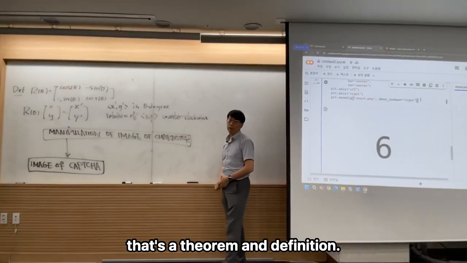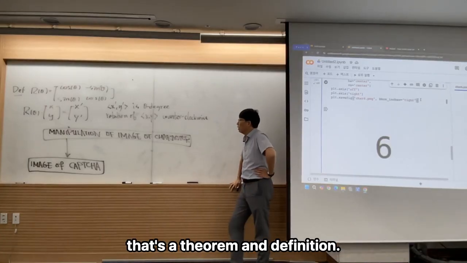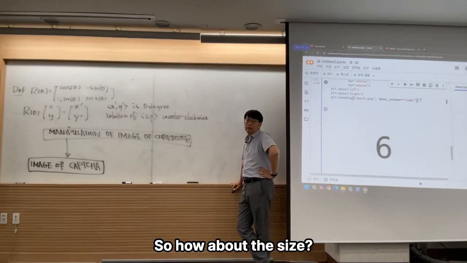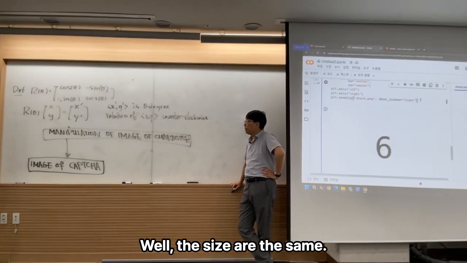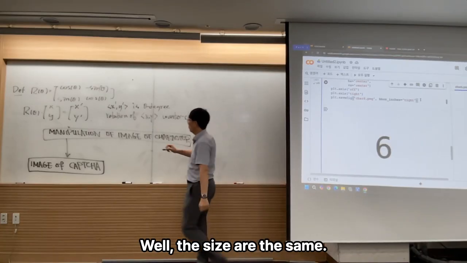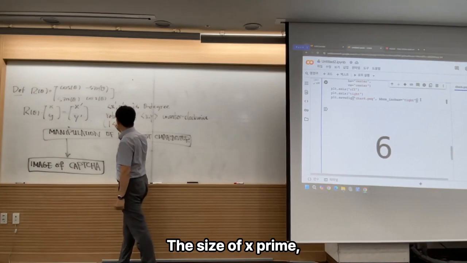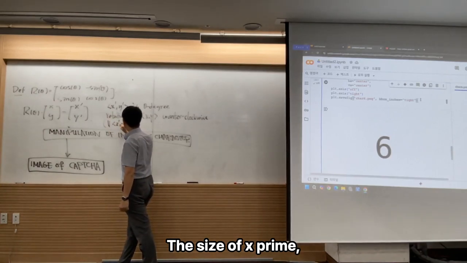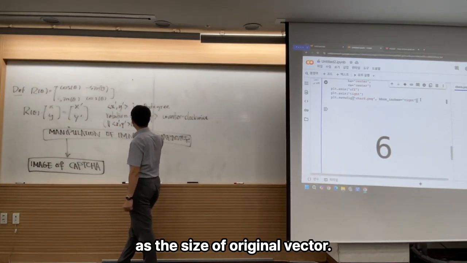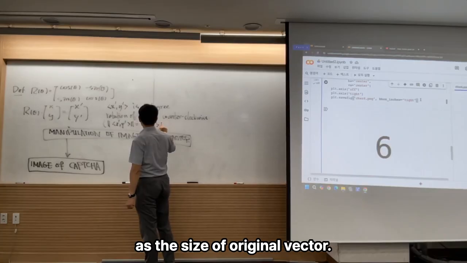So that's a theorem and definition. How about the size? Well, the size is the same. The size of the x prime y prime vector is the same as the size of the original vector.